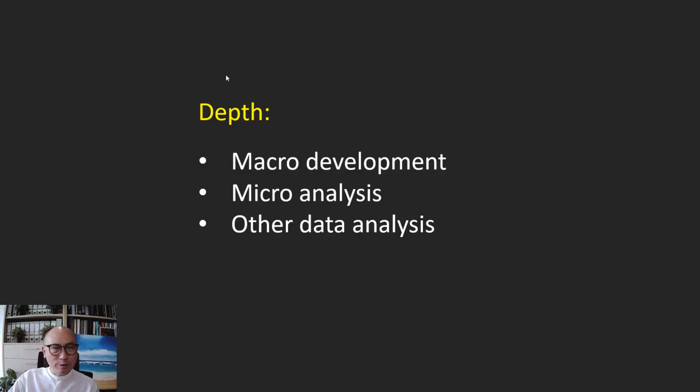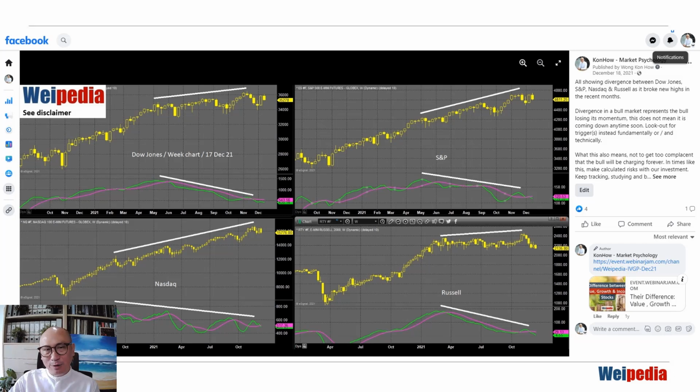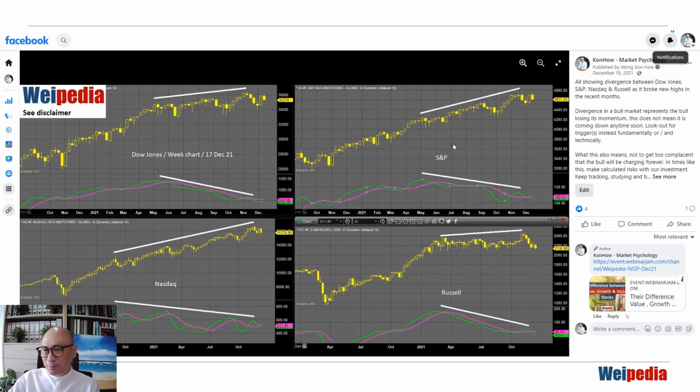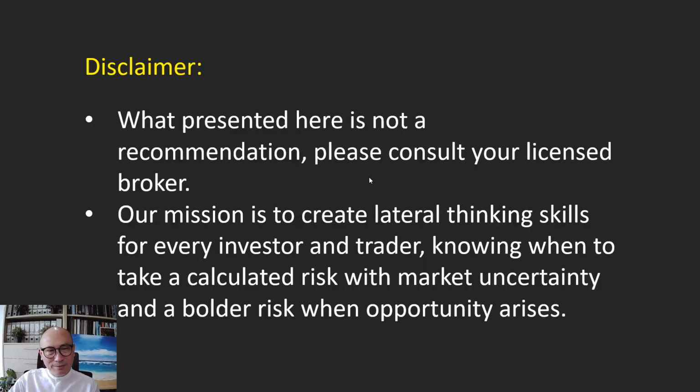We're going to discuss the depth, which is the first dimension analysis, which includes the macro, micro, and other data analysis. And I'm also going to give you a case study on how we identified this transition of the US market from a bull to a bear about 15 months ago using the third dimension analysis. But before that, let's take some time to read the disclaimer down here.